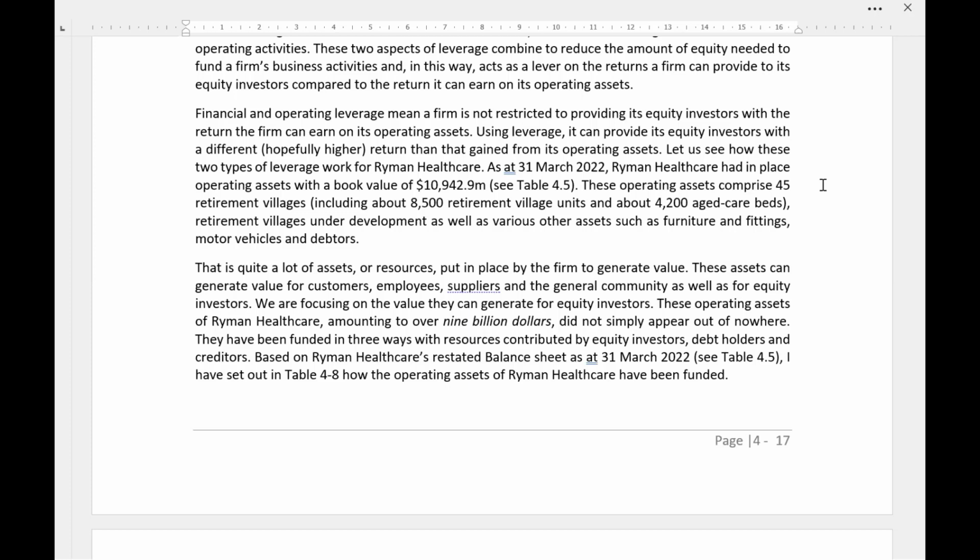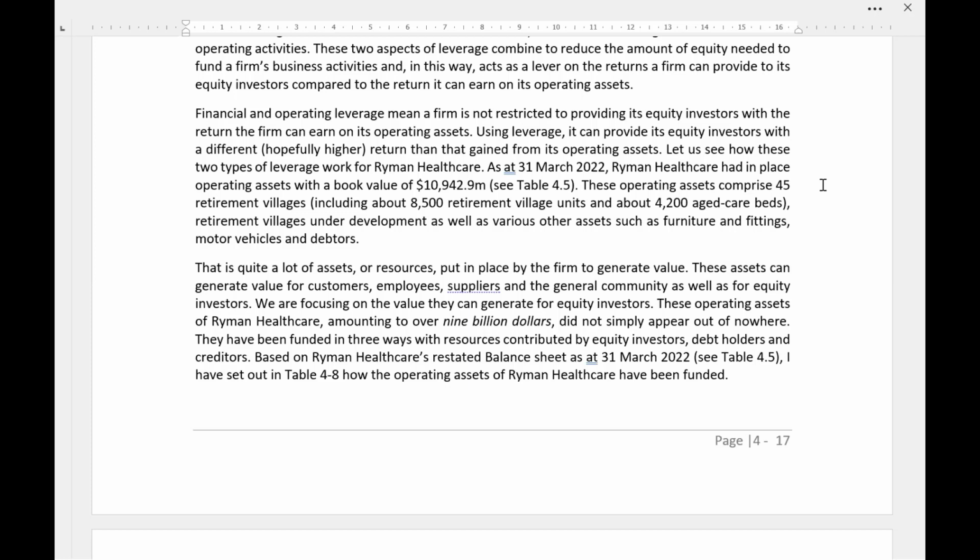That is quite a lot of assets or resources put in place by the firm to generate value. These assets can generate value for customers, employees, suppliers, and the general community, as well as for equity investors. We are focusing on the value they can generate for equity investors. These operating assets of Ryman Healthcare, amounting to over $9 billion, did not simply appear out of nowhere.